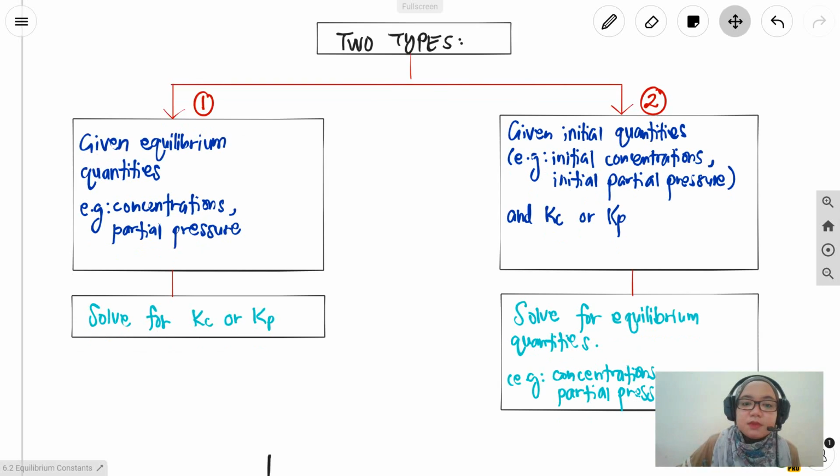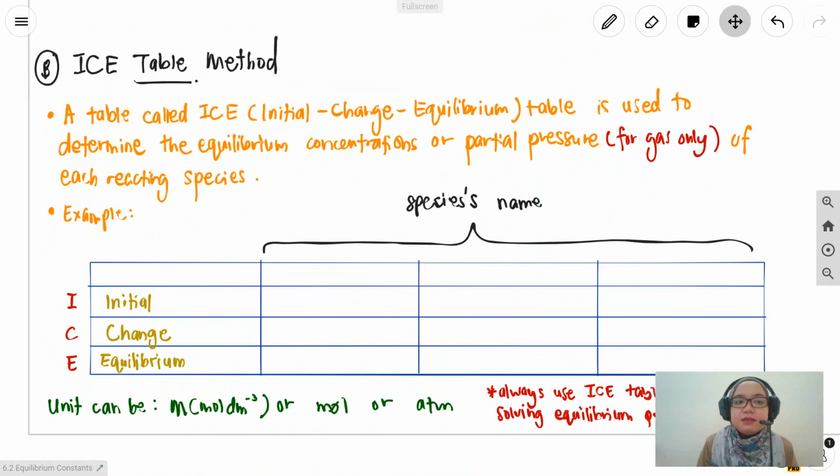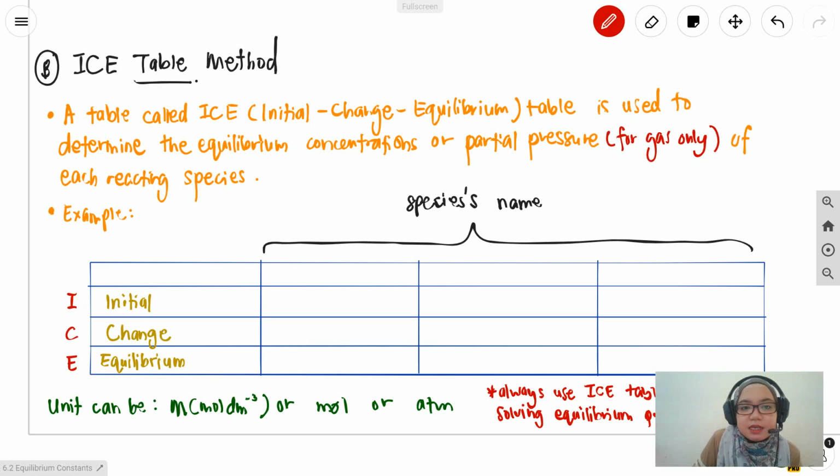The method that we are going to use here is named the ICE table method. A table called the ICE, initial change equilibrium table, is used to determine the equilibrium concentration or partial pressure of each reacting species.